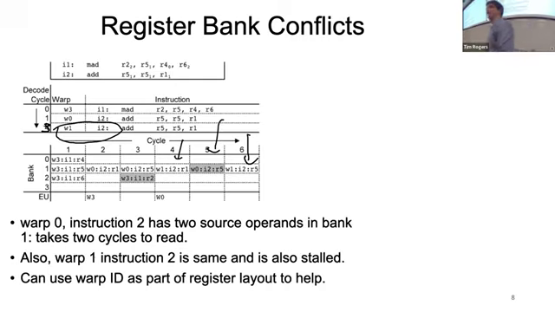Yeah. I guess just a follow up on the last question. Why couldn't you in the hardware bank across thread registers instead of banking by register identifier? Oh, so stride the vector across different banks, more like what happens in shared memory, where each lane is a different bank. You could do it that way.